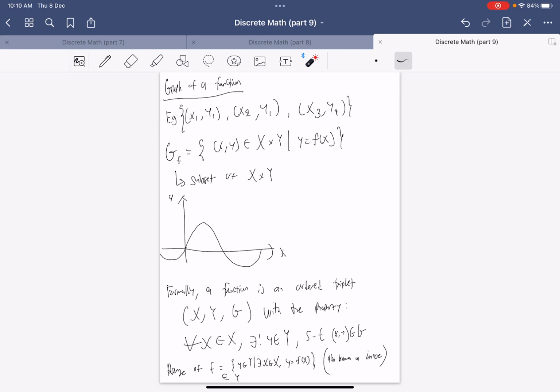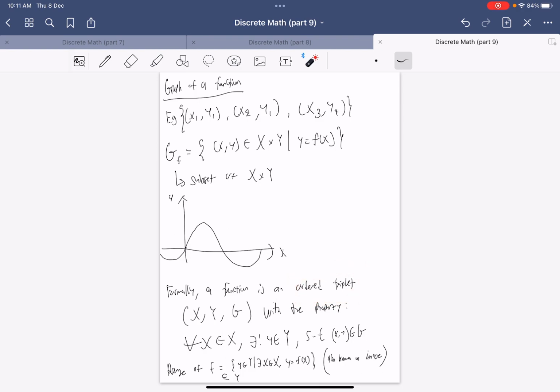So you can see you already do a lot with functions in calculus and other mathematics courses that you went through. But now to rigorously understand what this graph is, it is just a subset of X cross Y. And so when we want to give a function, we can just formally define it as an ordered triplet.